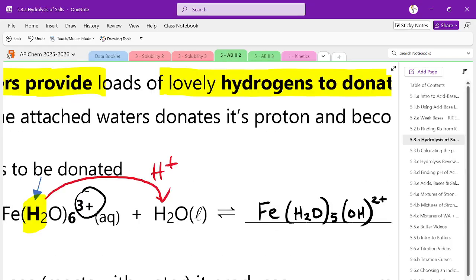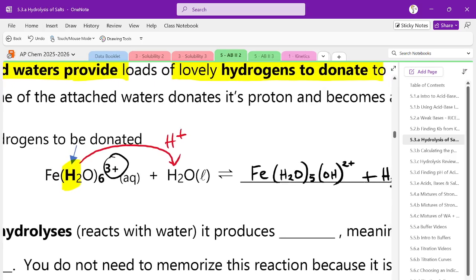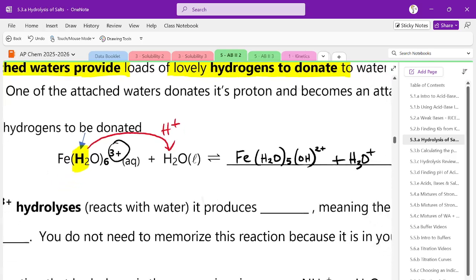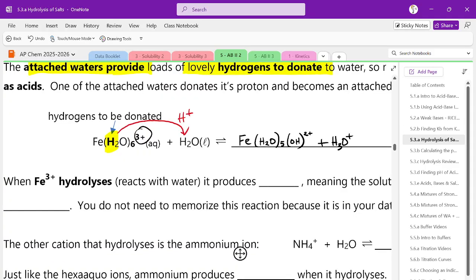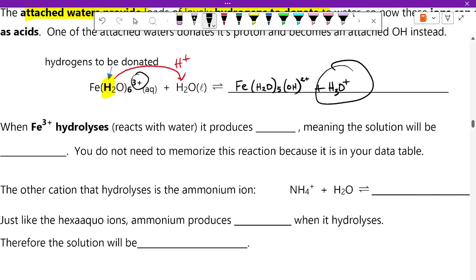Does it not fall off? No. Because it's still got those lone pairs hanging on to the Fe3+. Now, when Fe3+ reacts with water, it produces what ion? H3O+. That means the solution will be acidic, yes.